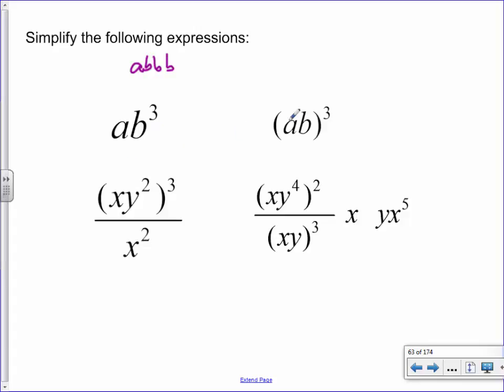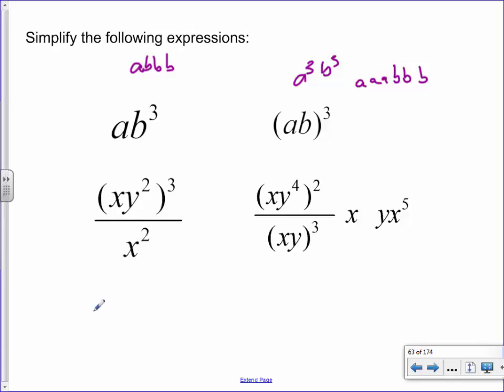No, not really. What about this one over here? What does a, b in brackets to the 3 really mean? It means you have a to the 3, and you also have b to the 3. So if you really wanted to write that out, it's a a a b b b. There you go. Nobody laughs. Thank you.